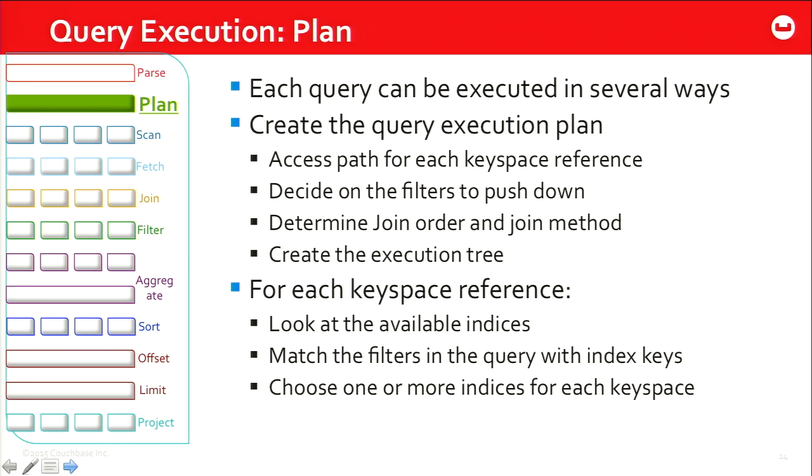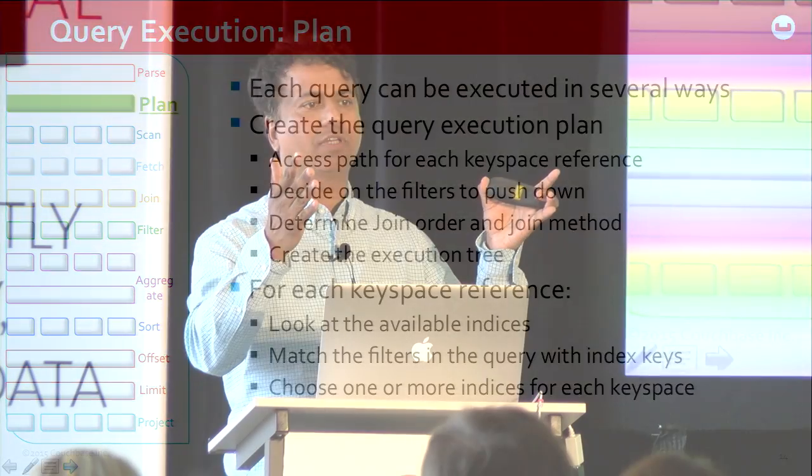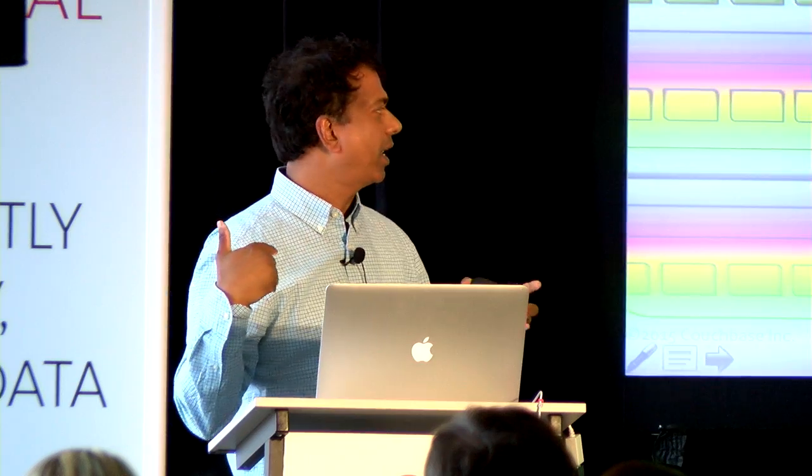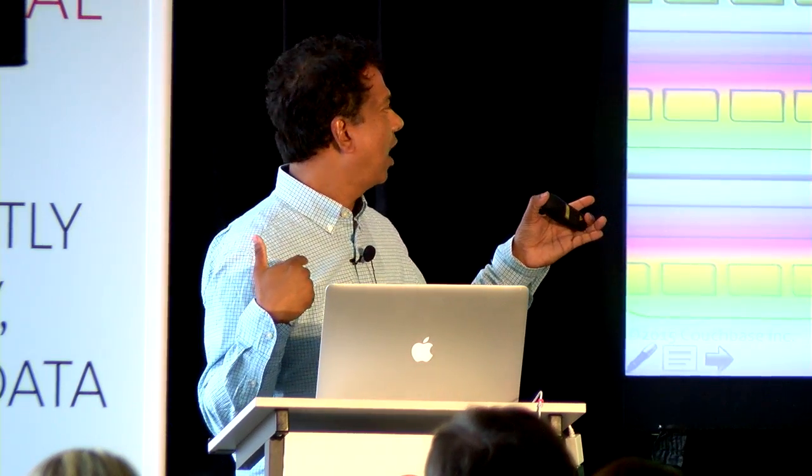You want to maximize the performance of the query using the available indices. Once we select the indices, we group which part of the filters can be pushed down to the index and which filters cannot be pushed to the index because the filters are not on the leading keys of the index, and then we apply the filters after that.